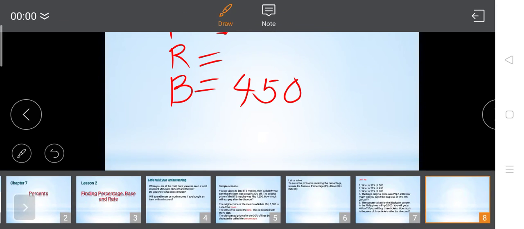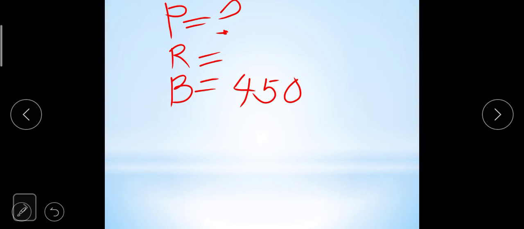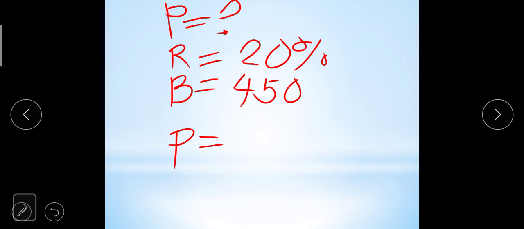So, ano yung R? Nico. Okay, yung 20. Tama. So, 20% will be the R and our B is 450. So, what is 20% of 450? Erica. What is 20% of 450? Using our formula.